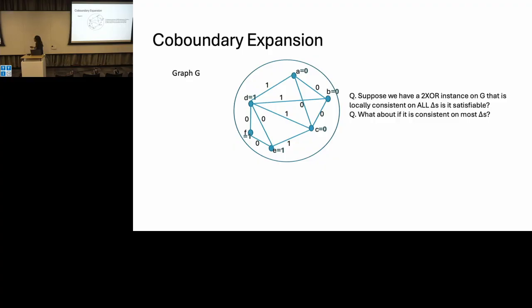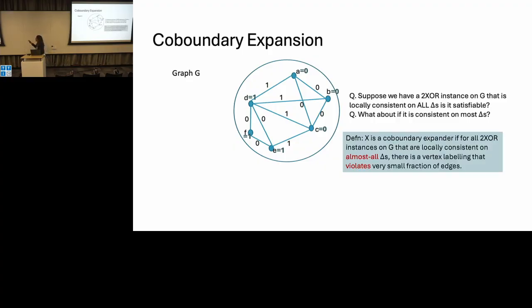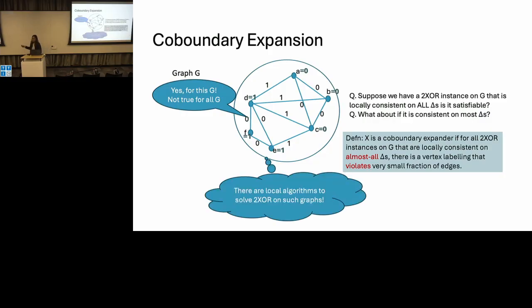And you can of course ask, what if it's consistent on most triangles? A graph is a coboundary expander whenever the following property holds: all 2 XOR instances that are locally consistent on most triangles also have a solution that satisfies most edges. So it really is saying that there's a very simple algorithm to check whether a given 2 XOR instance on this graph is satisfiable or not.